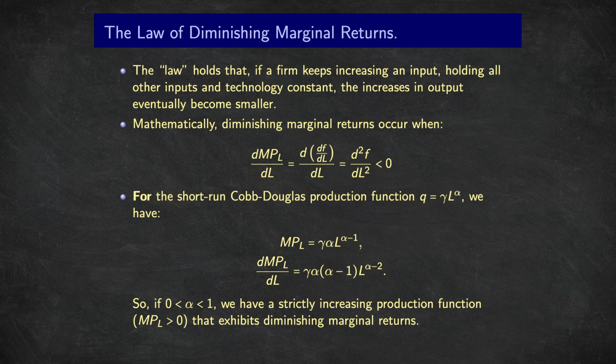This characterizes diminishing marginal returns, and you could use this idea for any particular factor of production by partially differentiating with respect to that factor, holding other factors constant. And if we see a negative second derivative, then we see diminishing marginal returns.